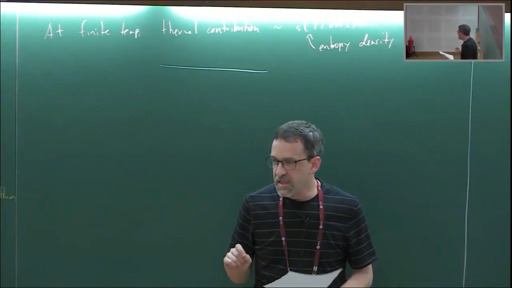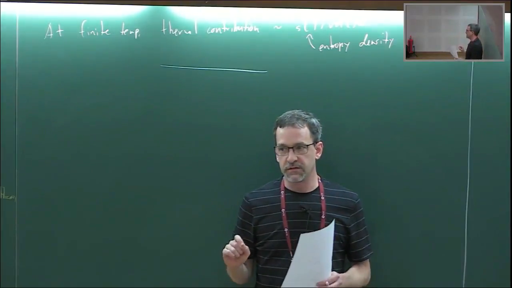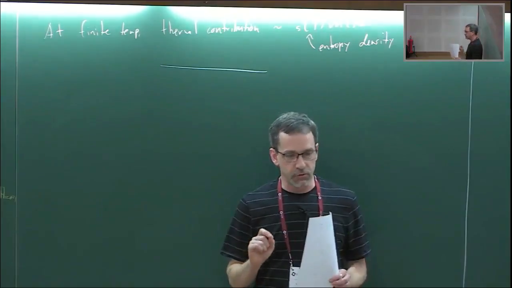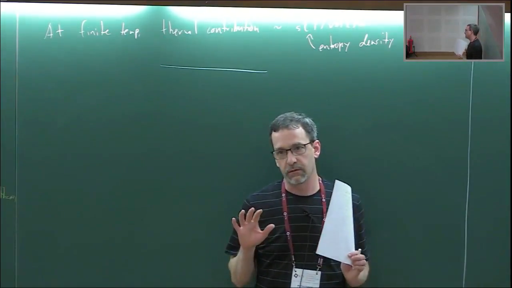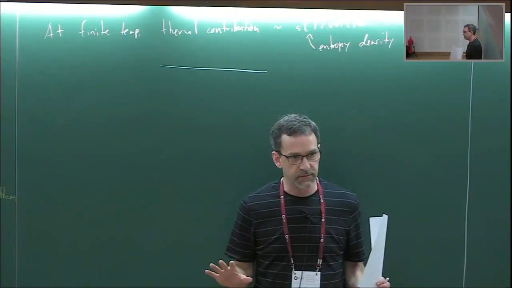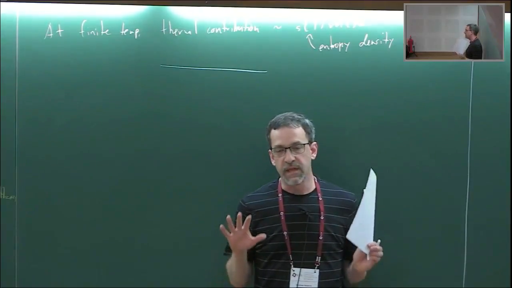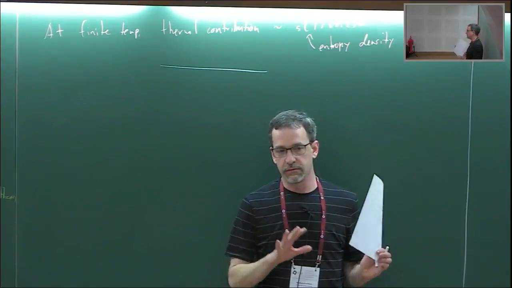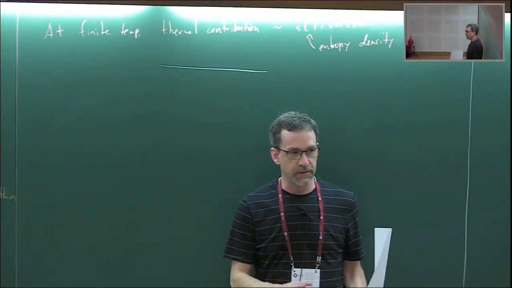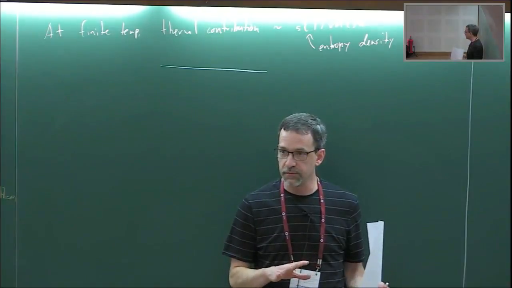And then I'm going to switch gears and say, okay, we're now talking directly about quantum field theories. I'm going to forget about regulators, and I'm going to forget about spin systems. From then on, I'll be talking about relativistic quantum field theories. And we're going to try to understand the structure of the entanglement entropy in relativistic quantum field theories.